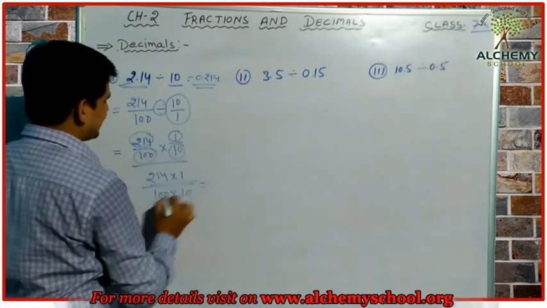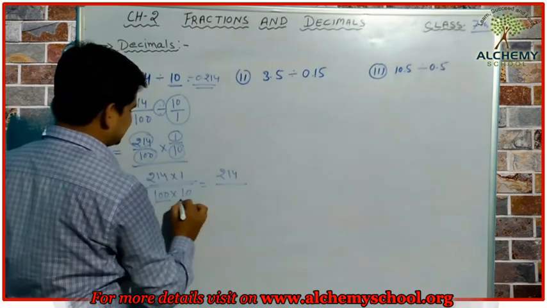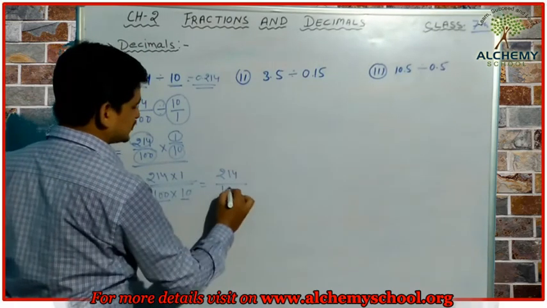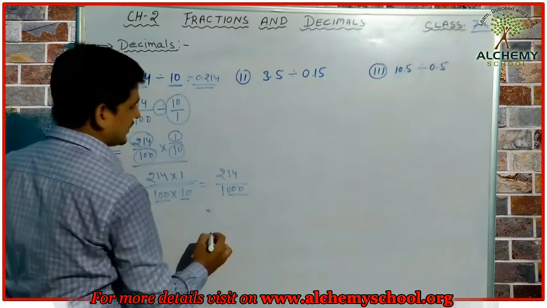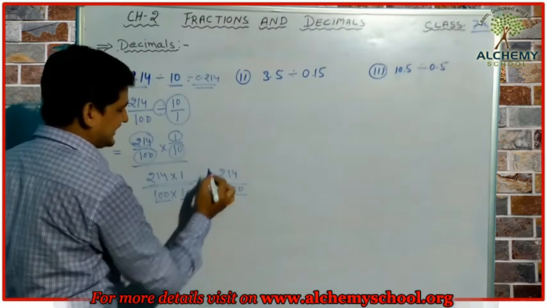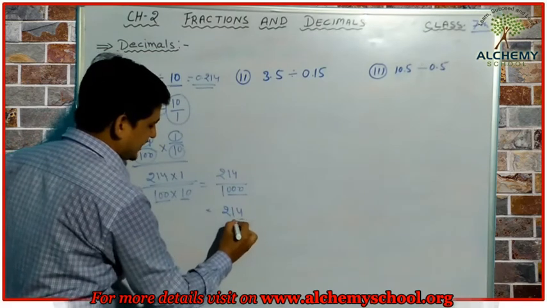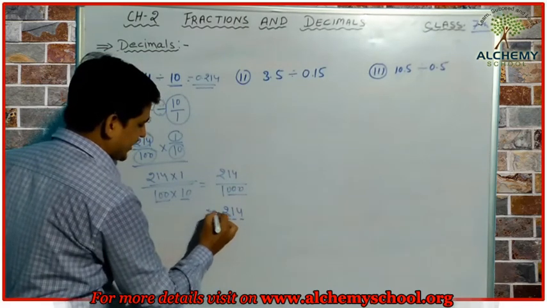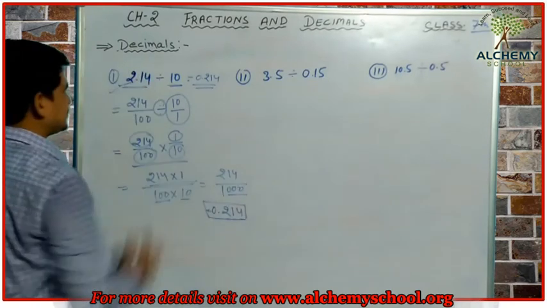Simply we get the value 214 upon 1000, since 100 tens are 1000. Now because here we have 3 zeros in the denominator, we have to apply the point after 3 digits. So we can write here 0.214. So this is the answer of this question.